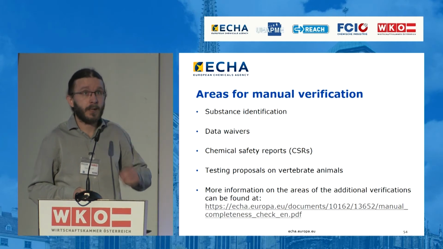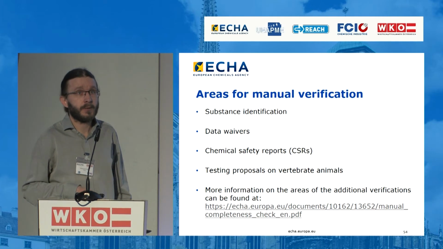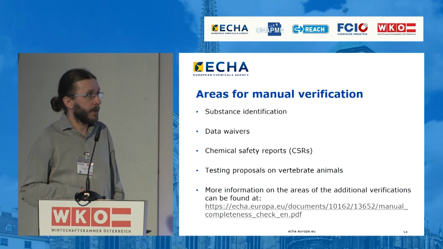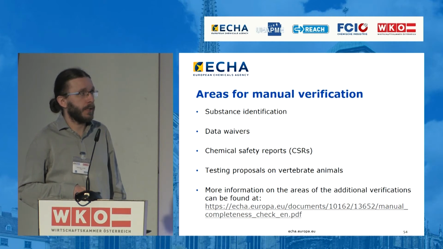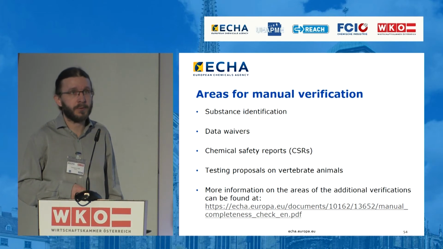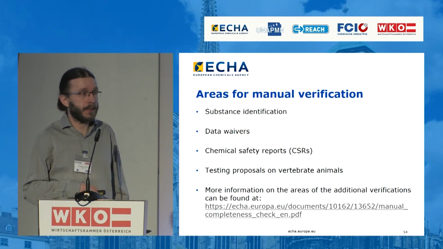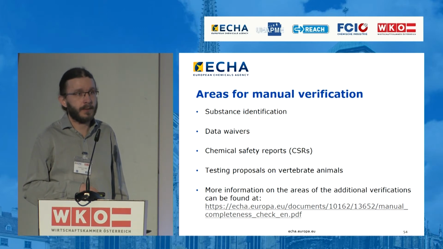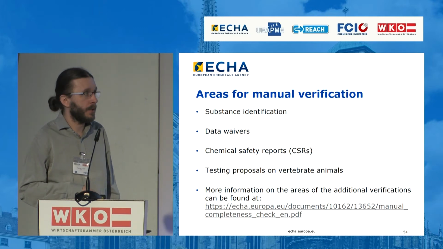So what do we check? Substance identification. For example, if a UVCB substance is provided, we check that the description of the composition contains the elements required for this type of substances. We check data waivers. So we check the justification for the data waiver. Is it part of the justification provided by the legislation text or not?